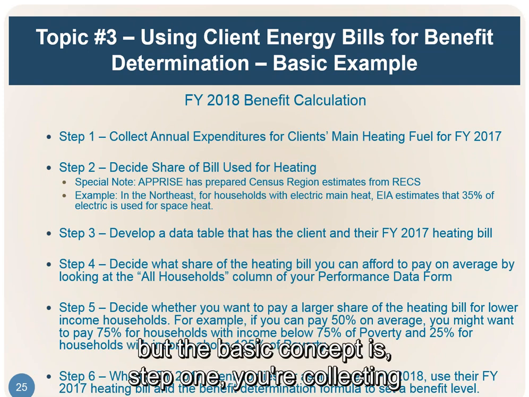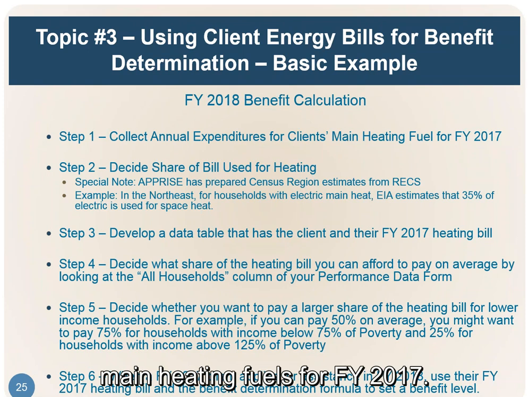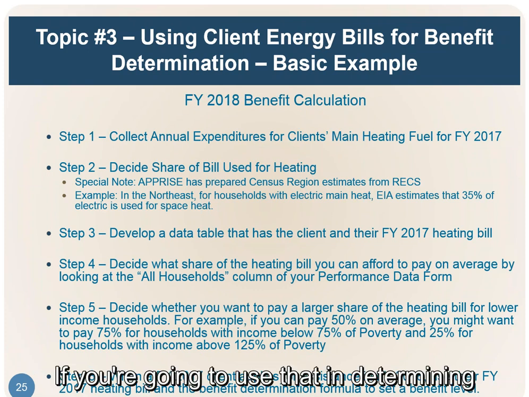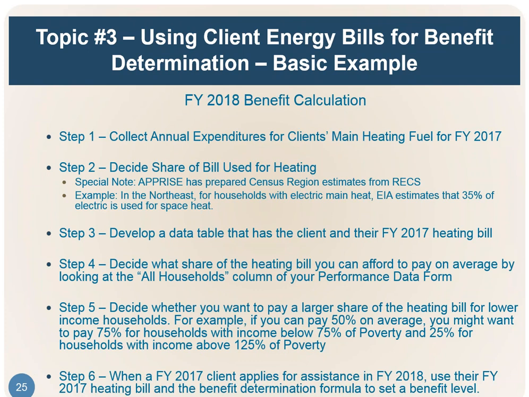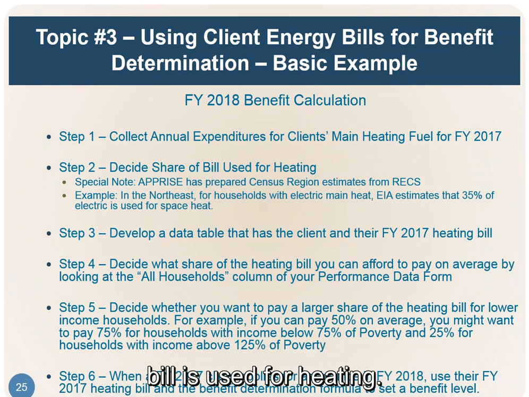But the basic concept is, step 1, you're collecting annual energy expenditures for clients' main heating fuel for FY 2017. If you're going to use that in determining a benefit, you need to decide what share of that bill is used for heating.